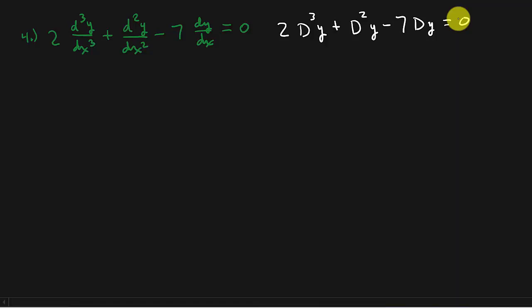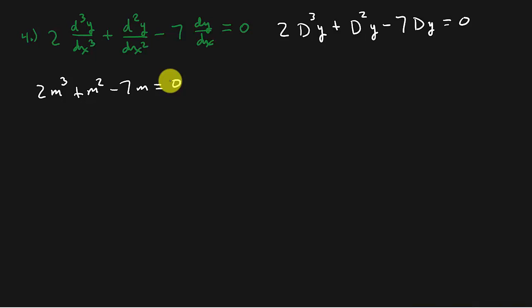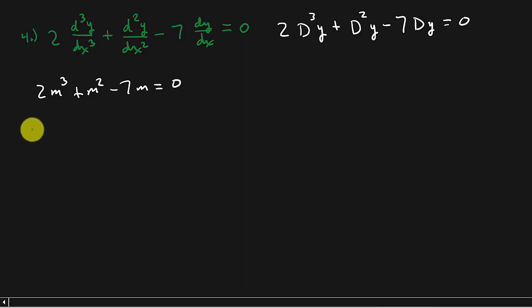So let's write our auxiliary equation. So we've got 2m cubed plus m squared minus 7m equals 0. We'll have quite a few solutions here. So let's factor out an m.